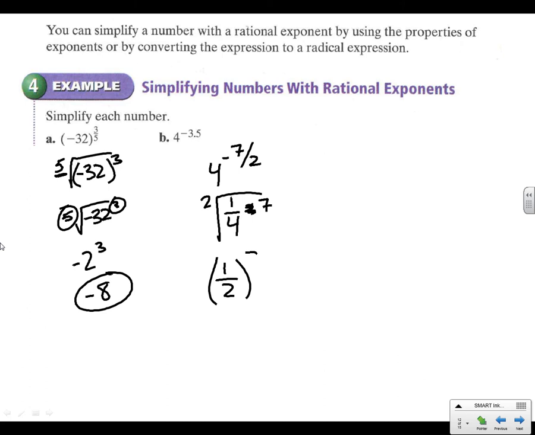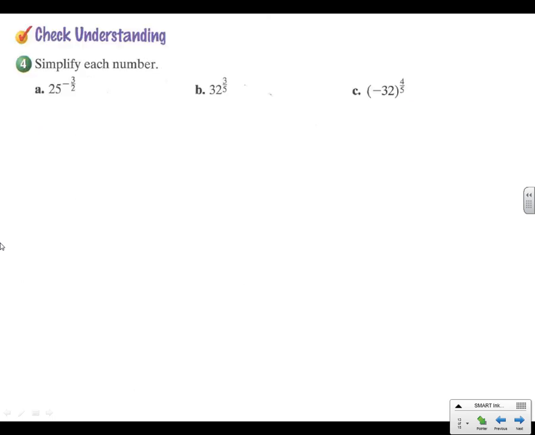The 7 is still there. We've done this part, still got to do the 7. So 1 to the 7th is 1. 2 to the 7th, let's see, 2, 4, 8, 16, 32, 64, and 128 is 2 times 2, 7 times. That's our answer there. All right, your turn on 4A, B, and C.